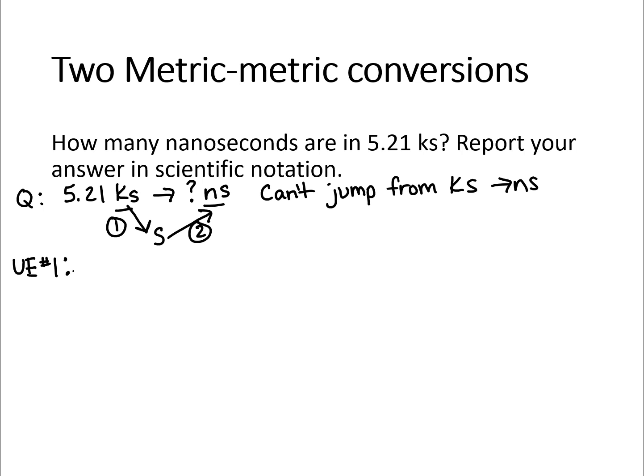As long as you label everything and you know what's going where, you should be good to go. So unit equation 1 is going to describe the first leg of the calculation that we have to do. And that is going from kiloseconds to seconds.